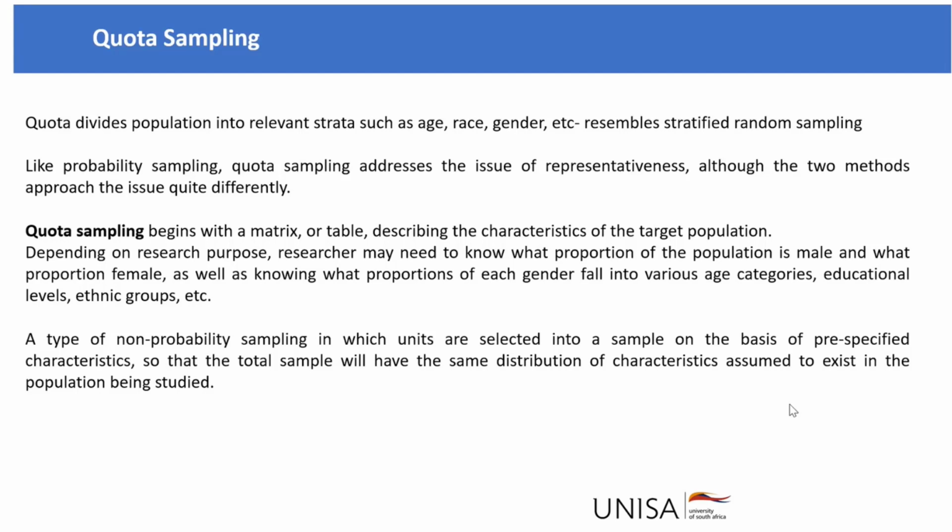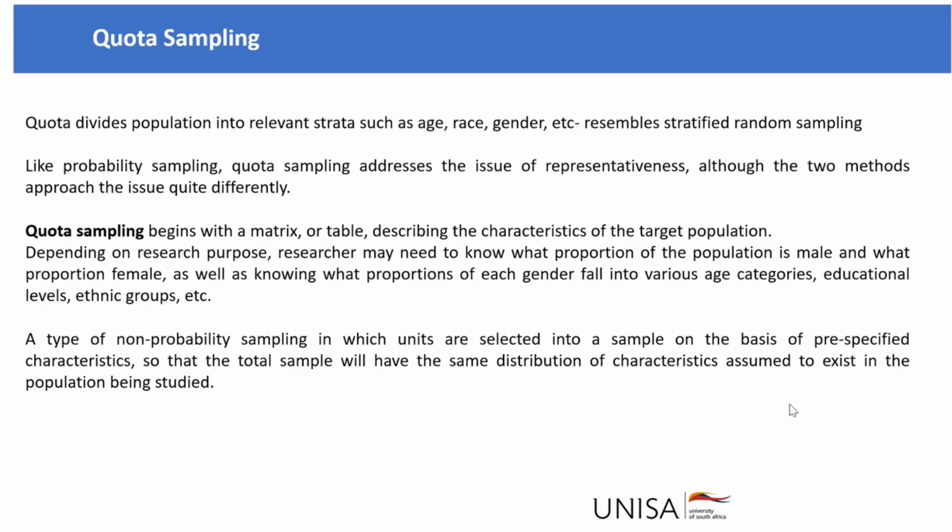So when they were talking about the quota in sports, really they were saying which race is not represented, and therefore if it's not represented, a quota will say you need to go out and get a certain number of players from that race.